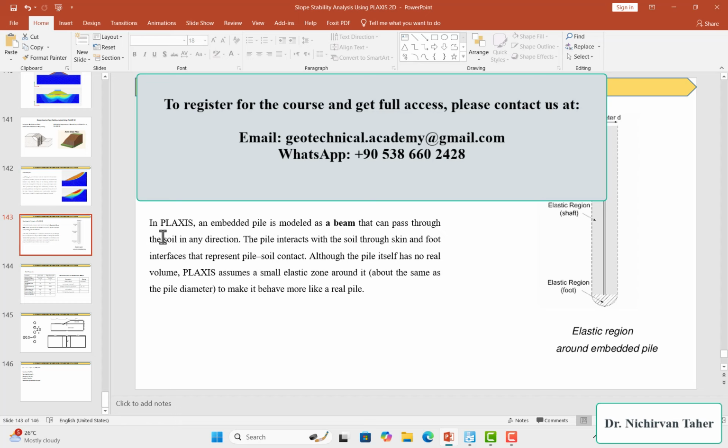In PLAXIS, this embedded beam is modeled as a beam element that can pass through a soil in any direction.